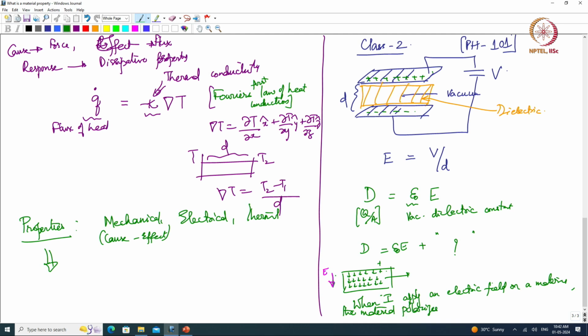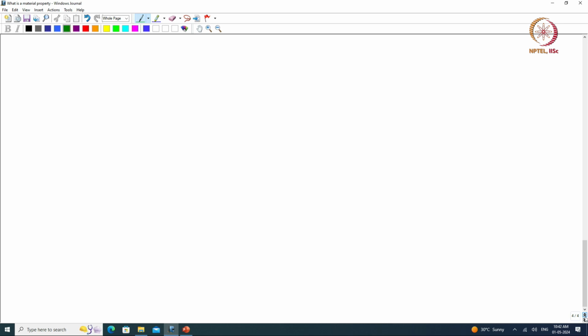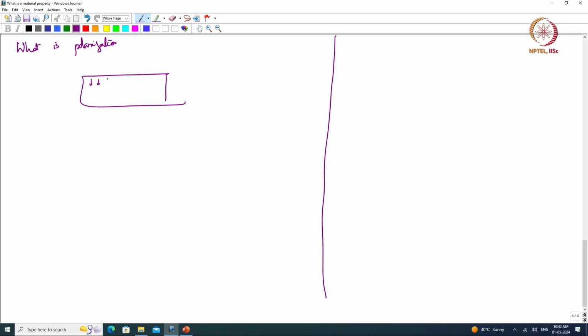Now, what is polarization? What is polarizing? It is nothing but, inside the material, I am creating these little dipole moments.